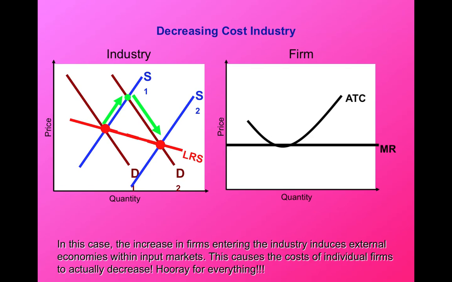And so again, all of these scenarios are for competitive firms. They're going to break even in the long run, but in this case, they're going to break even at a lower price.